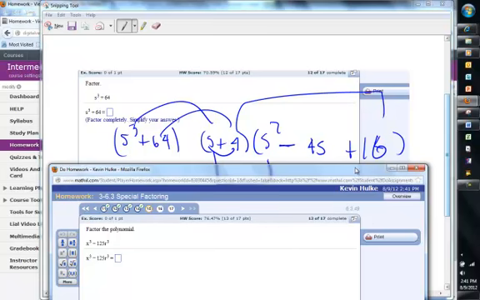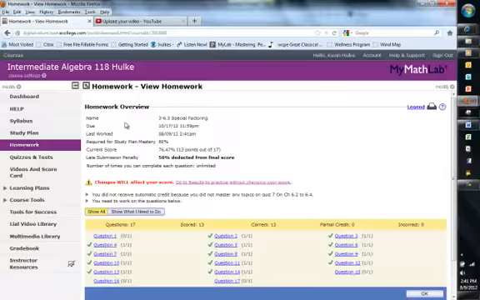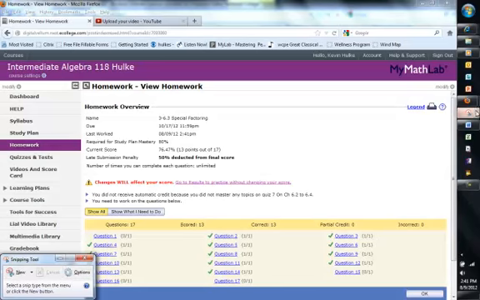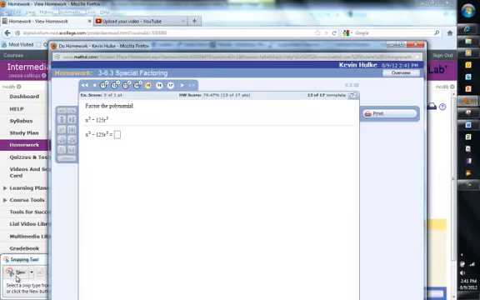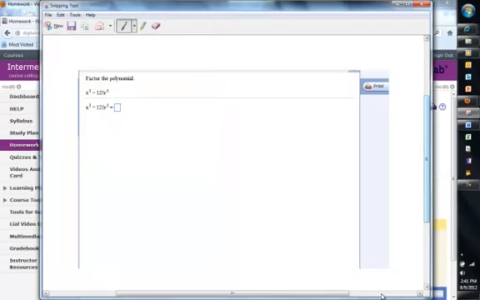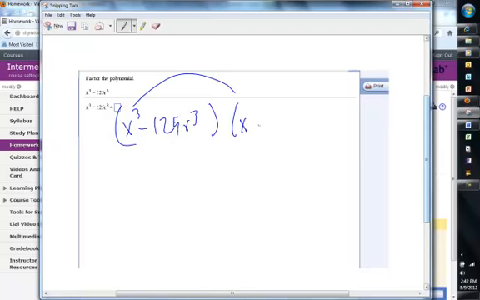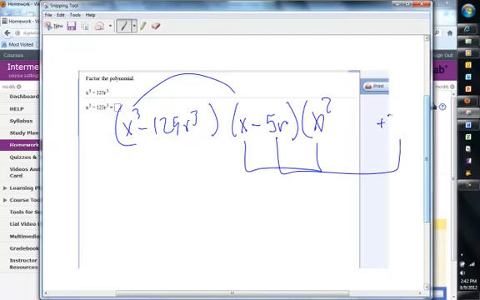Number 15. x cubed minus 125r cubed. We are getting a lot of practice on these cubes. We take the cube root of each part, x minus 5r, square this, x squared, square this, plus 25r squared, and take this times this, 5rx.